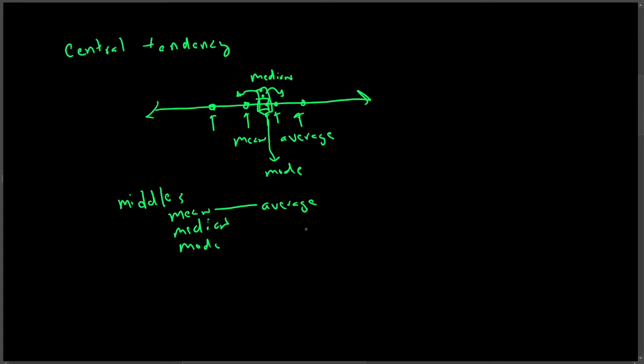And what we do to find the mean is we sum all the values and then we divide it by the number of items.